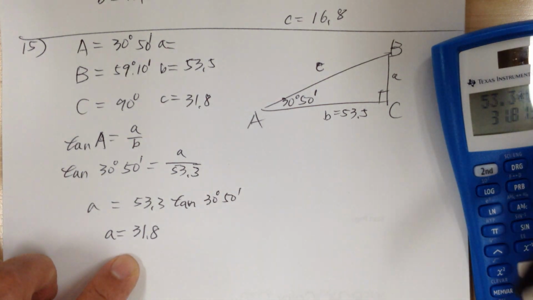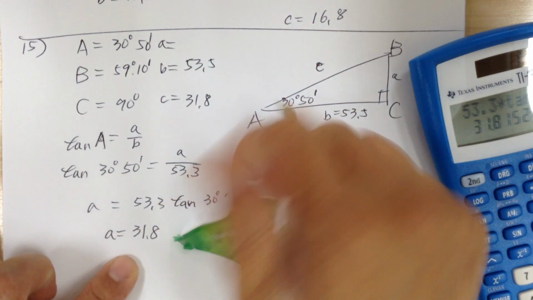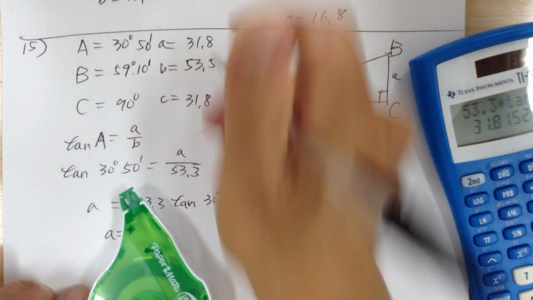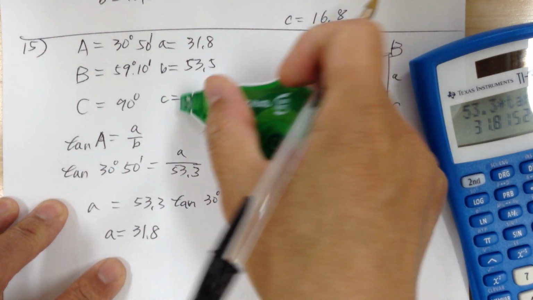Oh, in the wrong place, a equals 31.8. So be careful.